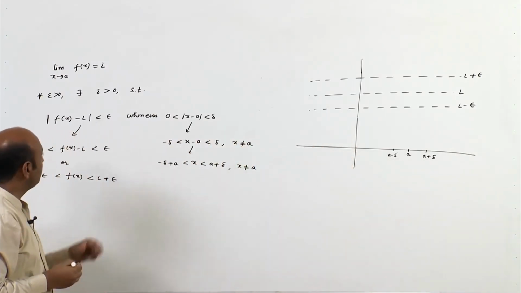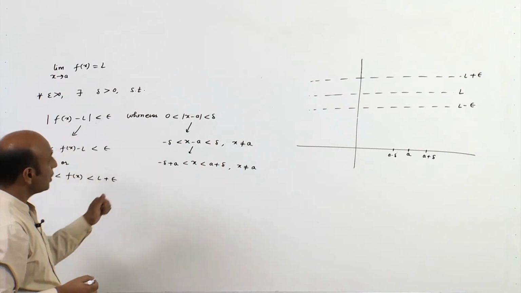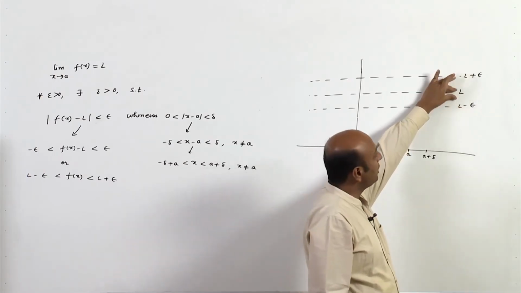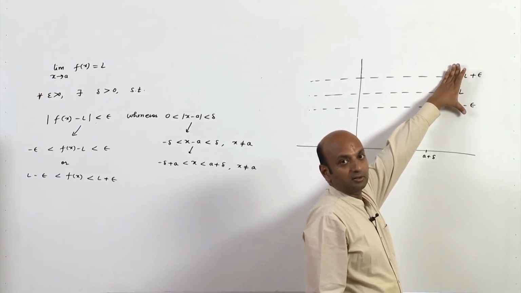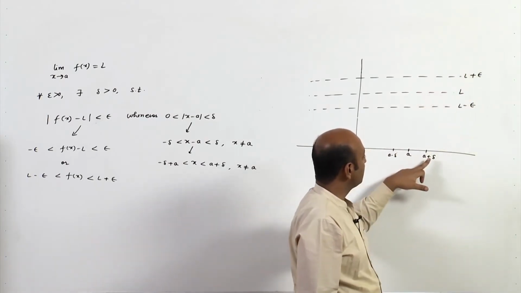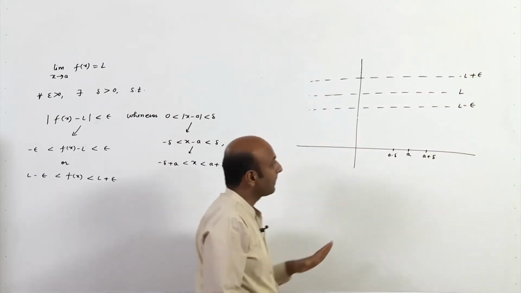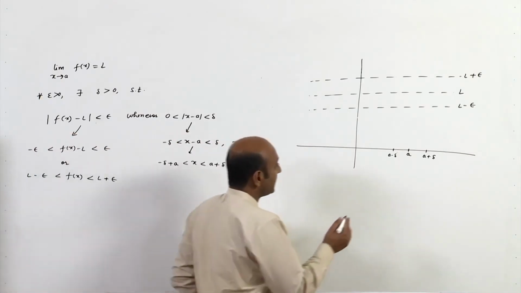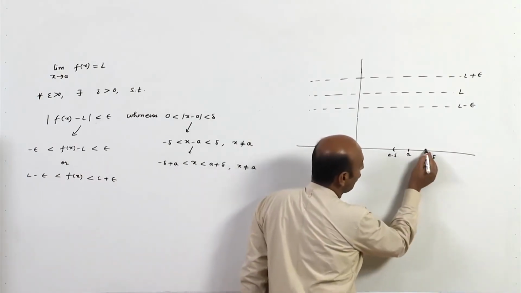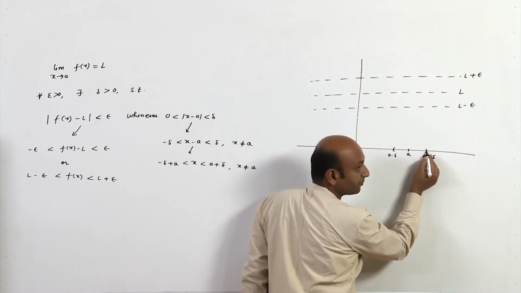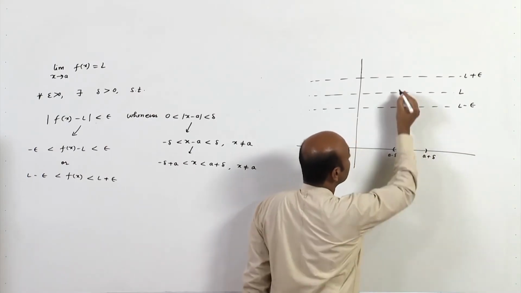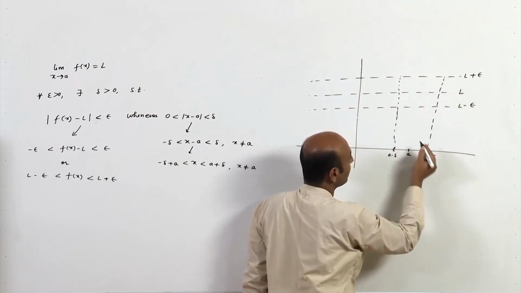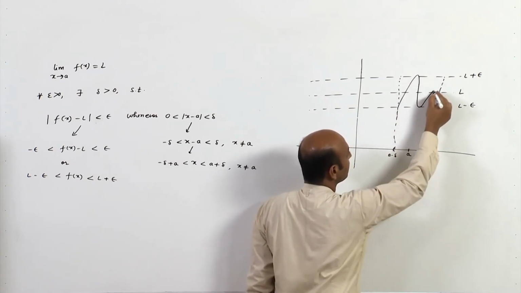Now, this definition means you take any epsilon greater than 0, no matter how small or how large, there will always exist a delta such that the image of all those x lying in this interval will always be contained in this band.